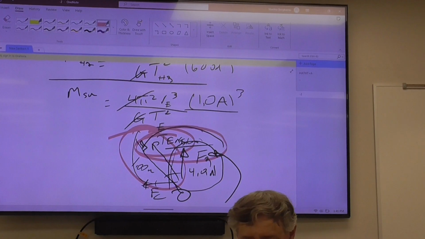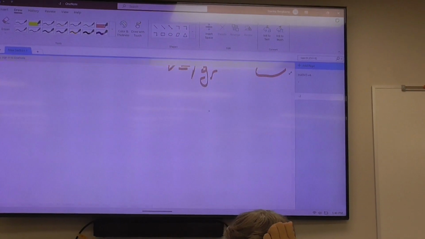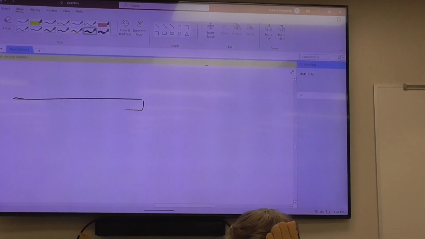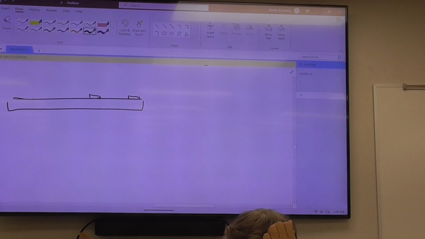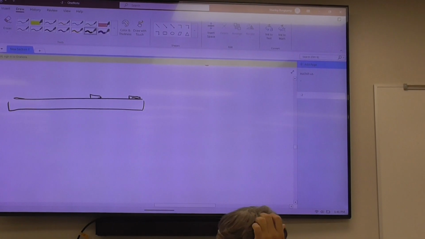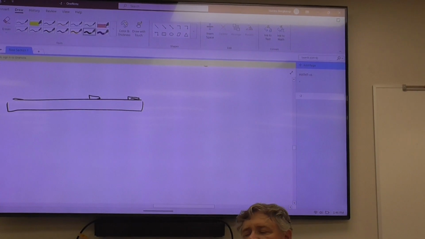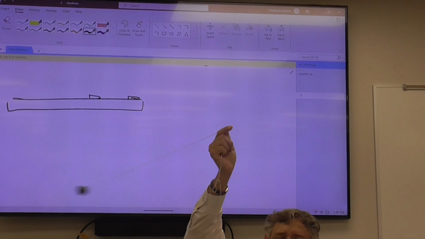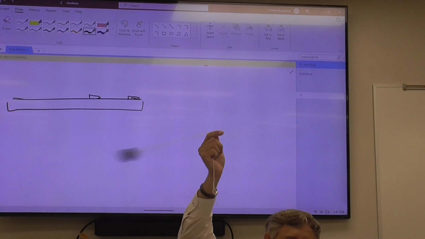So if you look at these 2 quarters that are on the green spinny thing, okay? So let's start with this. Is it possible for me to swing this rubber stopper around over my head with a constant speed?